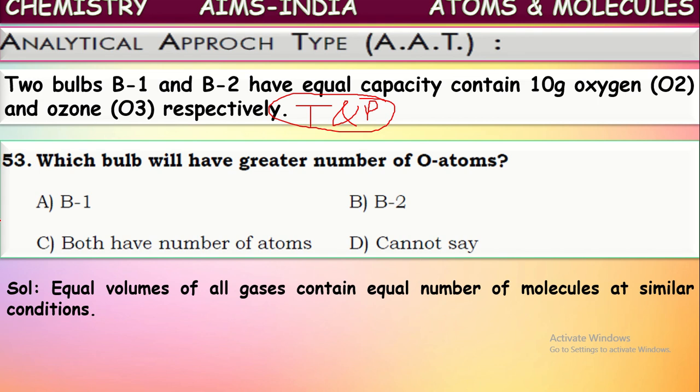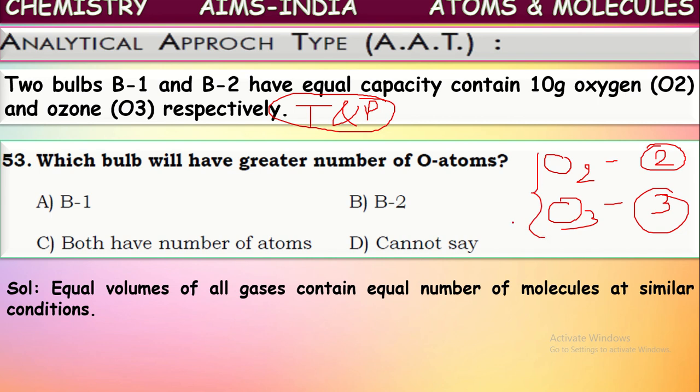But we know oxygen molecules contain two atoms only. Each molecule contains two atoms. Whereas if you see ozone, its molecular formula is O3. So there are three atoms in each molecule. The number of molecules is the same because volume is the same. But the number of atoms in each molecule is different. Oxygen has only two atoms, whereas ozone has three atoms.